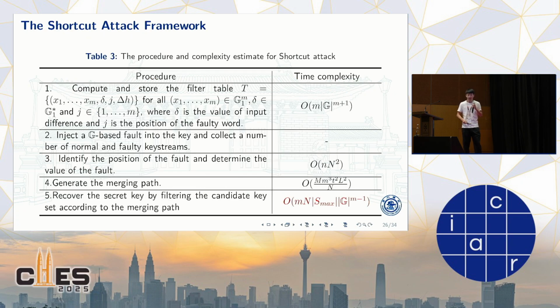And here come the details of our shortcut attack framework and the corresponding time complexity. It can be seen that the step of recovering the secret according to the matching path will dominate the whole attack. So it is critical to select a proper matching path.